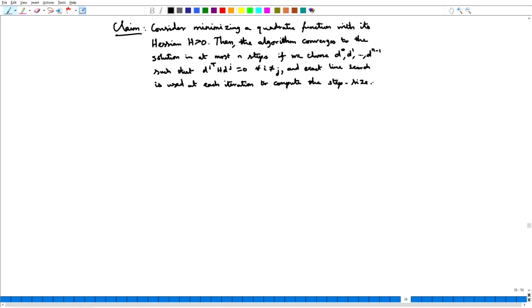So, what I claim is find the directions d0, d1, ..., d(n-1) such that this condition is satisfied, di transpose H dj equal to 0, of course when i not equal to j, and if you succeed in finding them, I claim that the quadratic function can be minimized in n iterations.